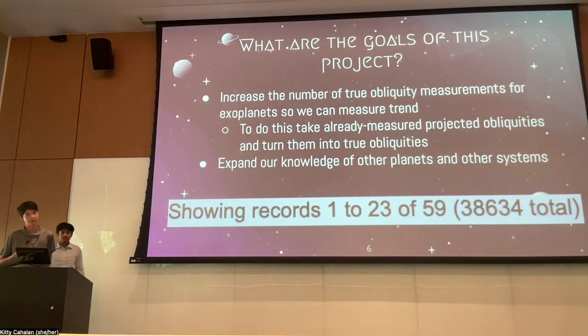We want to, first and foremost, increase the number of true obliquity measurements that we have for exoplanets, because right now there are less than 60 total true obliquity measurements for the almost 6,000 exoplanets that we've discovered. And we do this via several methods, which we'll get into later.